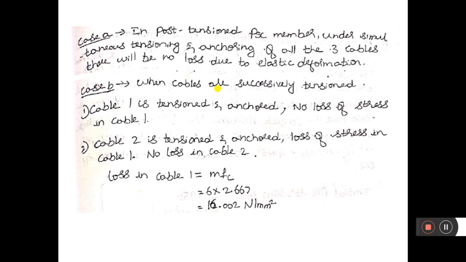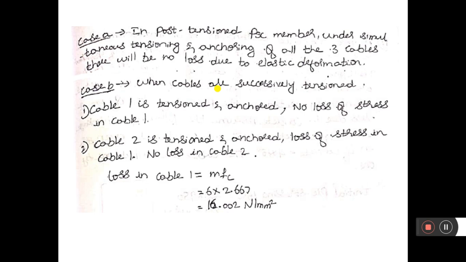When cable 1 is tensioned and anchored, there is no loss in the stress in cable 1. When the first cable is pulled, there will be no loss in cable 1 because in a post-tensioned member, the concrete will already be settled, that is, the concrete will already have gained its initial strength, and that means the elastic shortening will already have occurred in the concrete before it is anchored with a cable.